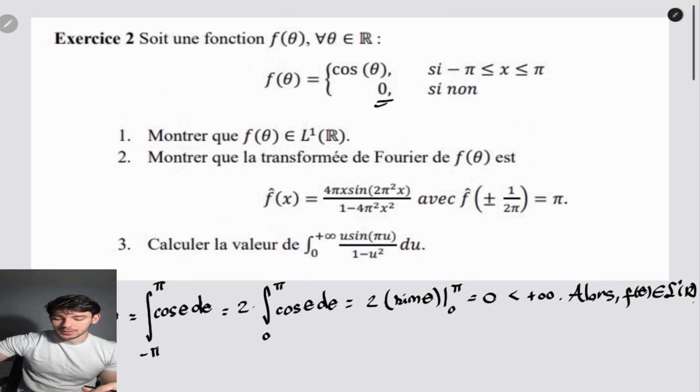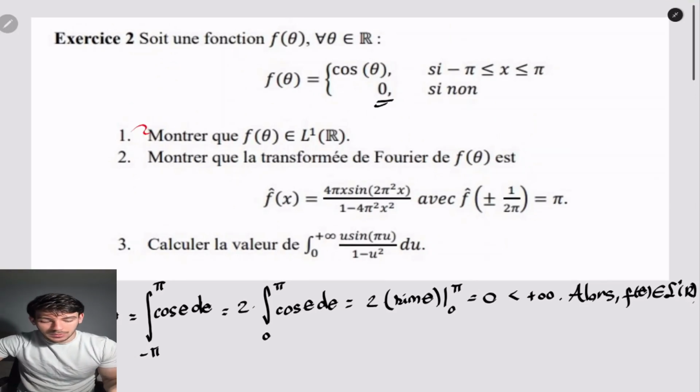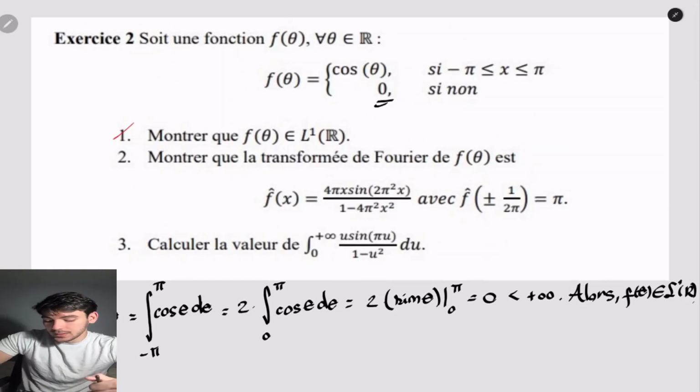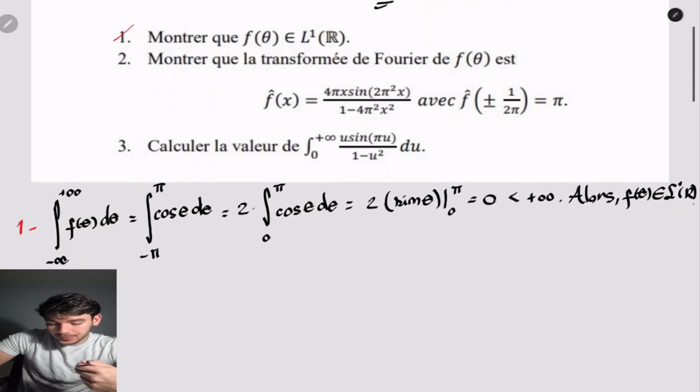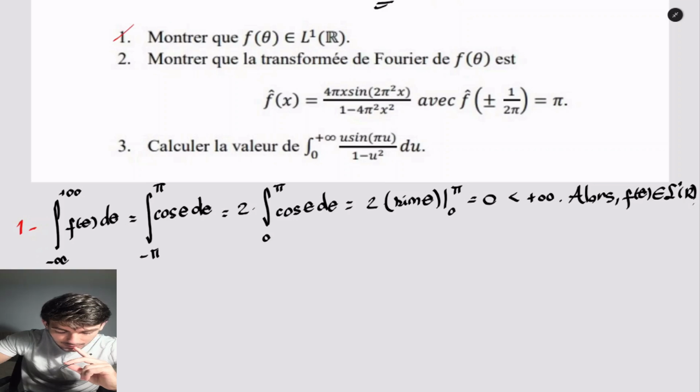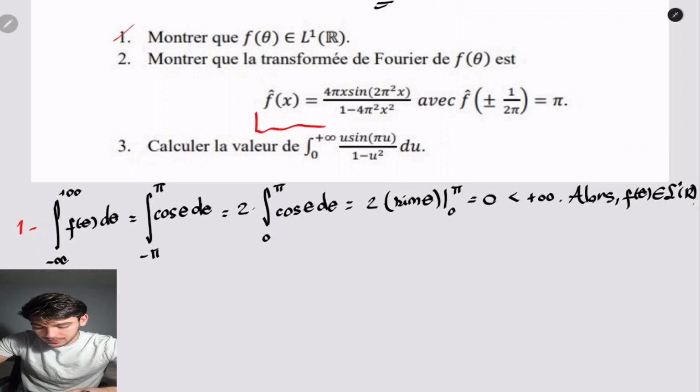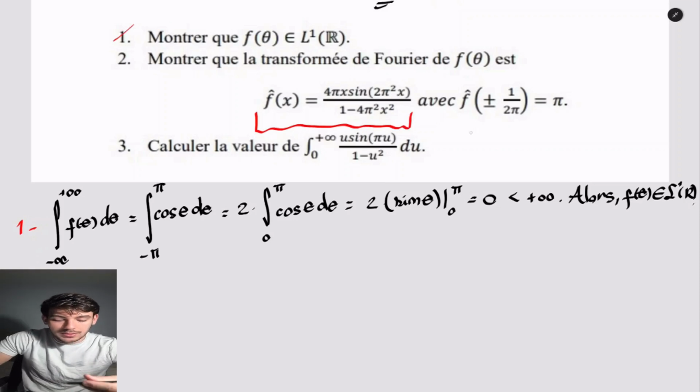Okay, so we've done question 1. Now the second question is we need to show that the Fourier transform of the function f of theta is equal to this, and also the function's transform at those 2 points, minus 1 divided by 2 pi and 1 divided by 2 pi, has the value pi.